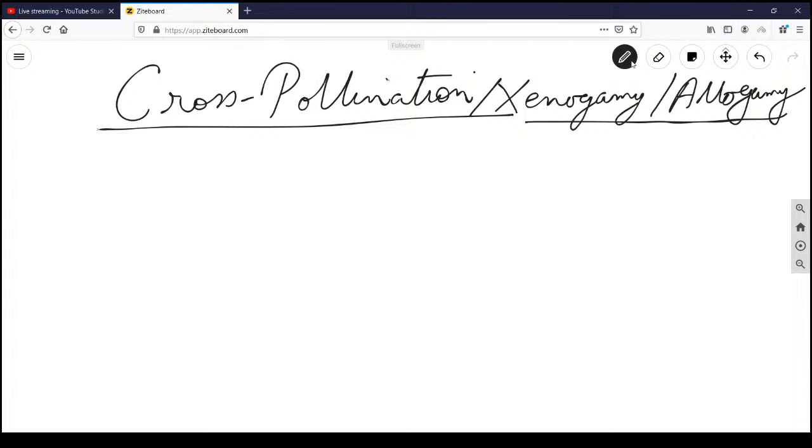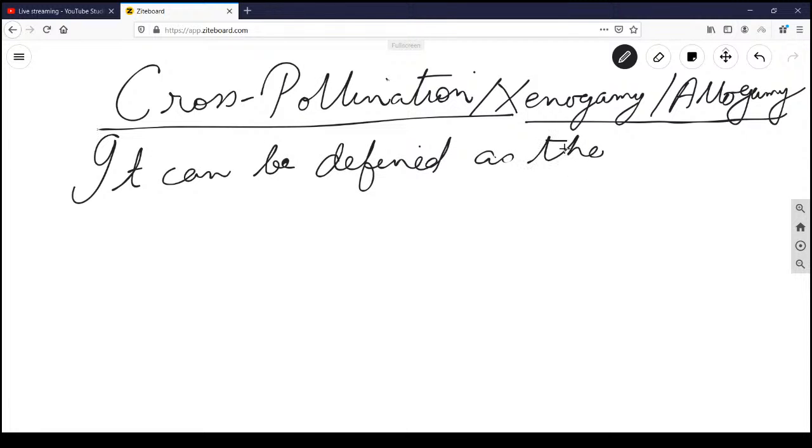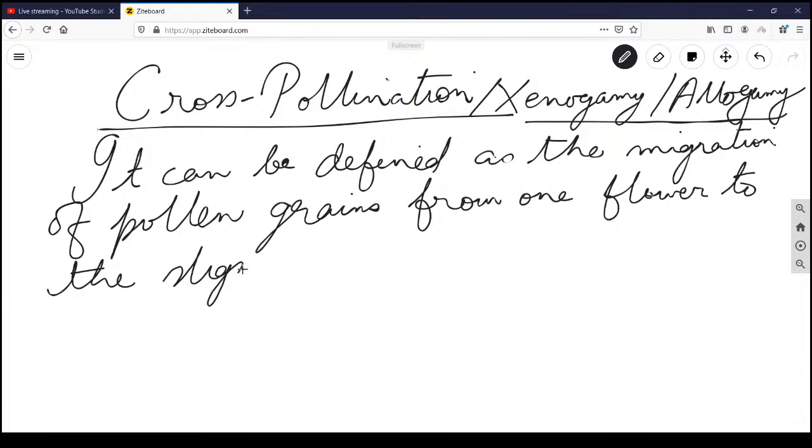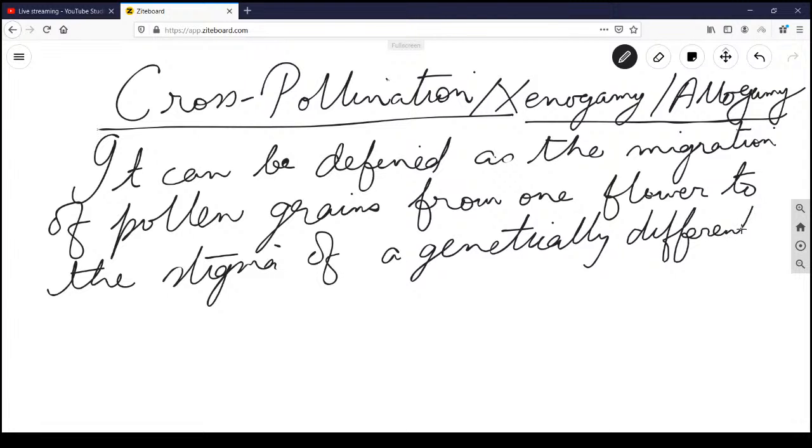So if you want to define cross pollination properly, it can be defined as the migration of pollen grains from one flower to the stigma of a genetically different flower, meaning a different species, a genetically different flower.